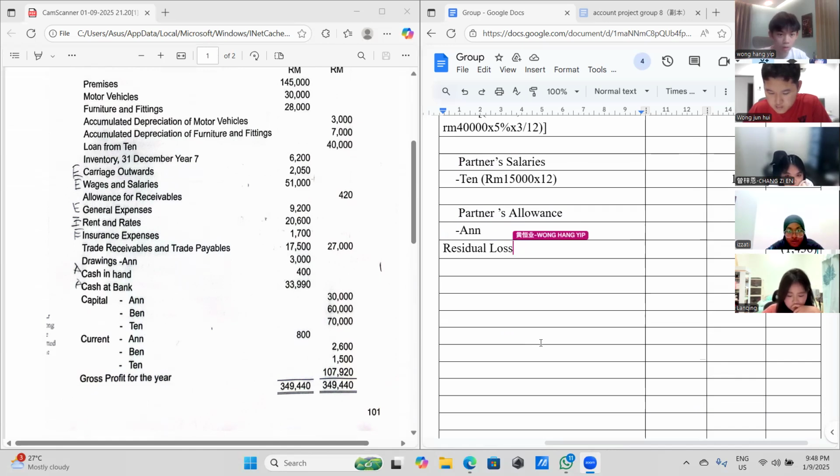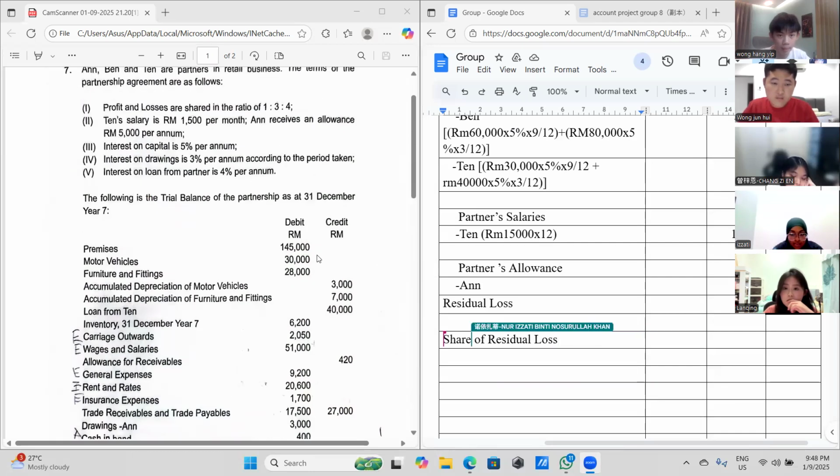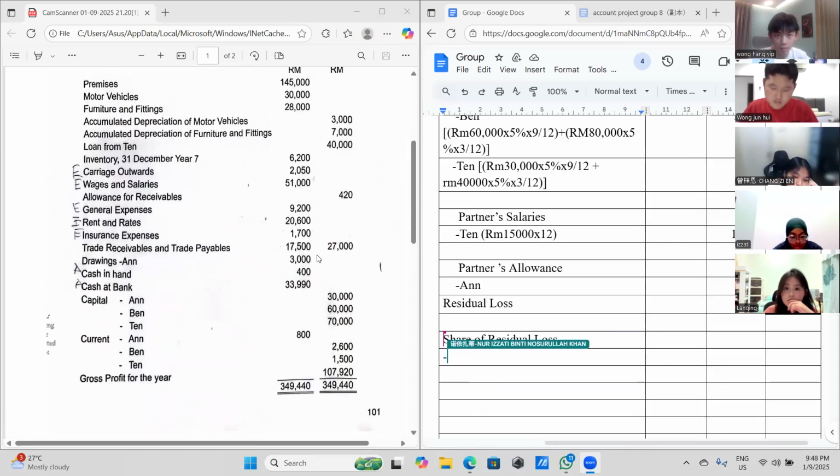And after this, we have to do the share of residual loss. The first one is N. We have to multiply with the previous residual loss by 1 by 8.